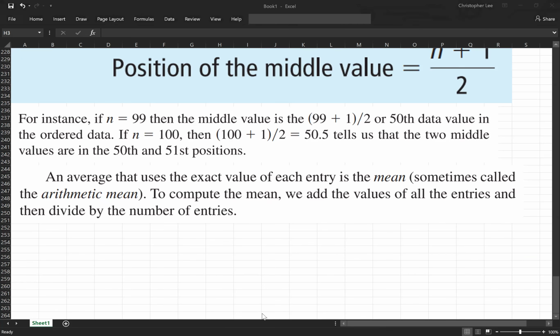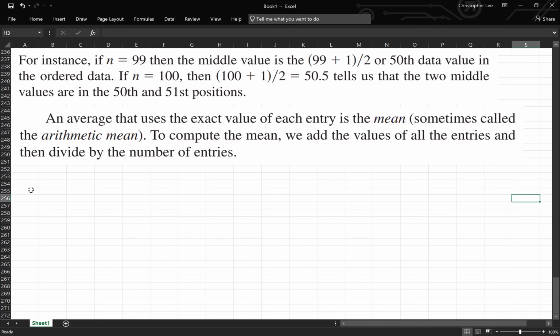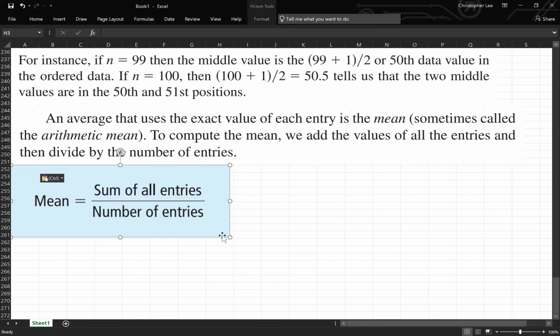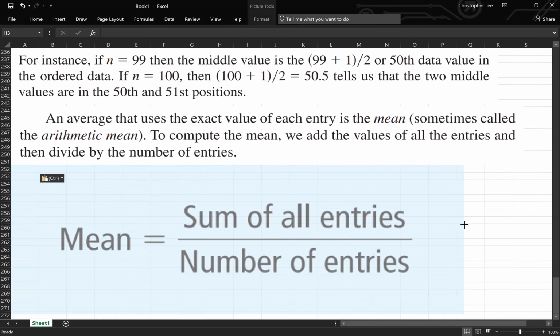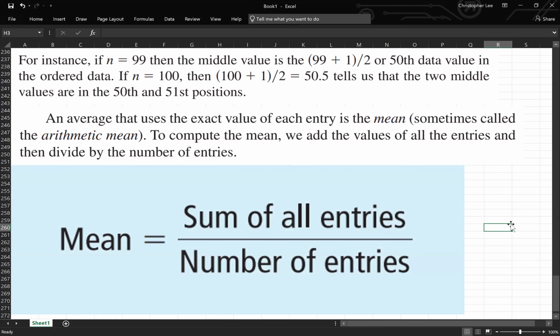This is what I'm trying to say. The mean is equal to the sum of all the entries divided by the number of entries.